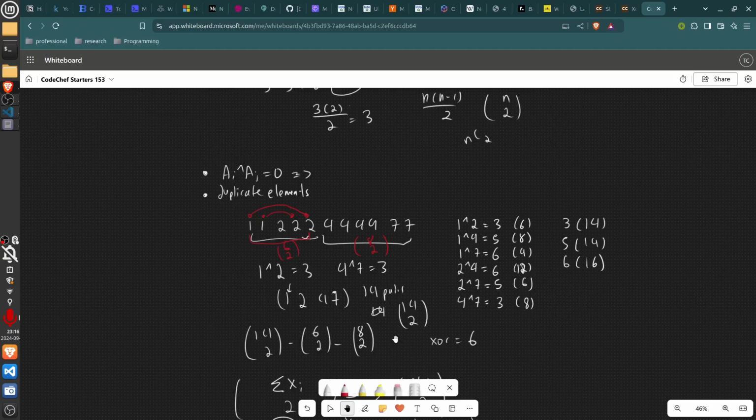You can correct for the overcount by saying how many pairs there are that equal XOR 6 of ones and twos, how many pairs there are of fours and sevens, and then whatever other numbers. It can be more than just these two numbers, something else that equals 6. For those as well, you have to subtract the number of ways that you can pick two pairs in there. So you have to count the number of pairings, which is just the count of one number multiplied by the count of the other number.